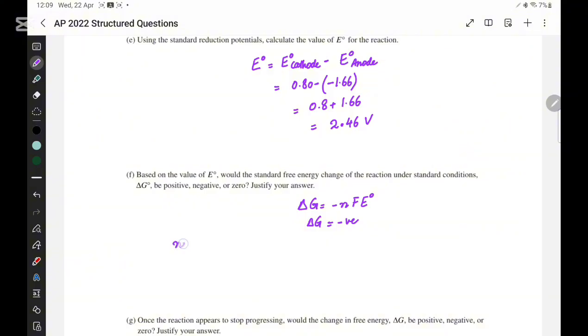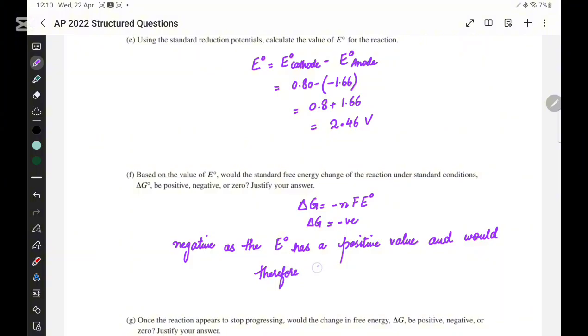So you are going to write that it is going to be negative, as the E naught has a positive value and would therefore delta G will have negative value.